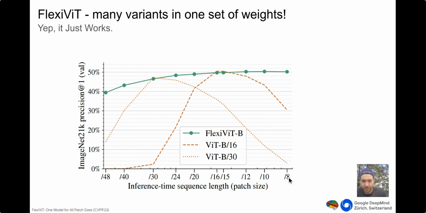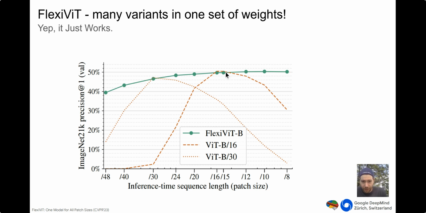This plot shows on the x-axis the inference time patch size or sequence length. On the right hand side, we have patch size 8, so it's a heavy model. On the left hand side, we have patch size 48, so it's a lightweight model. This is with B. The green line is FlexiViT B, and the y-axis is how well it performs on some task.